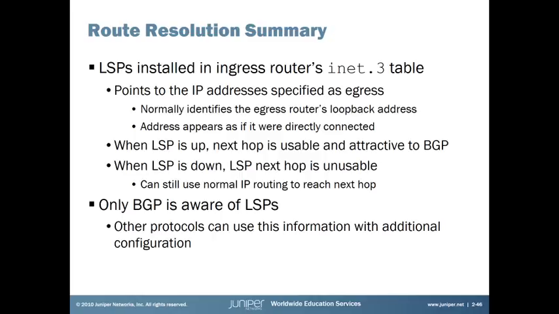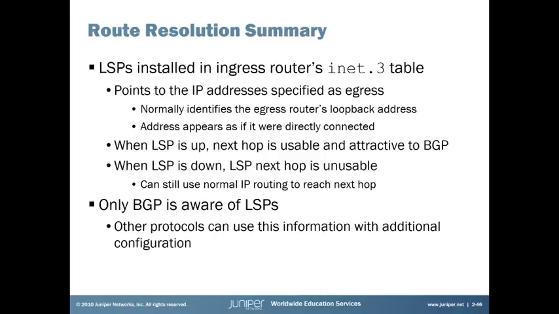Normally this identifies the egress router's loopback interface, as we've seen, using the loopback interface as the egress router's address in our LSP. The address appears as though we're directly connected. So when the LSP is up, the next hop is usable and attractive to BGP. When the LSP is down, the LSP's next hop is unusable. You can still use normal routing to reach the next hop.